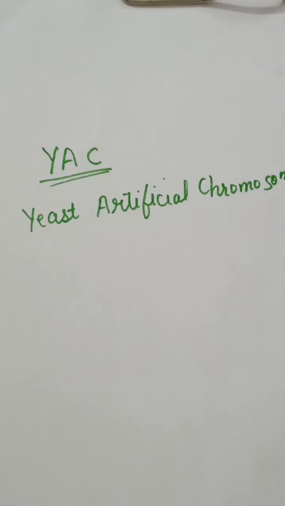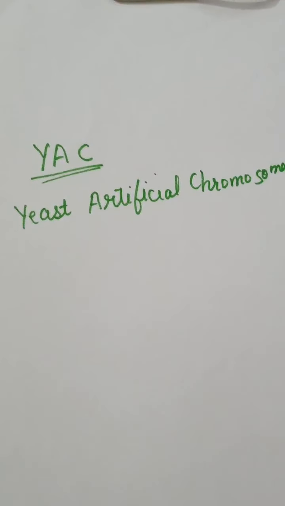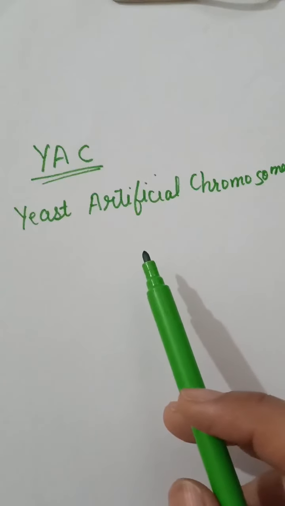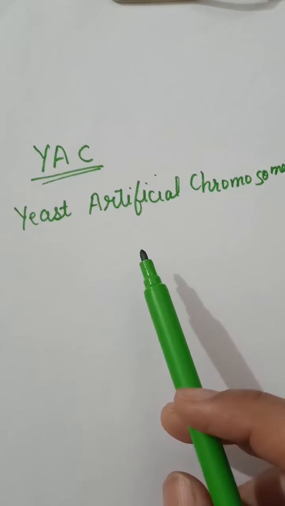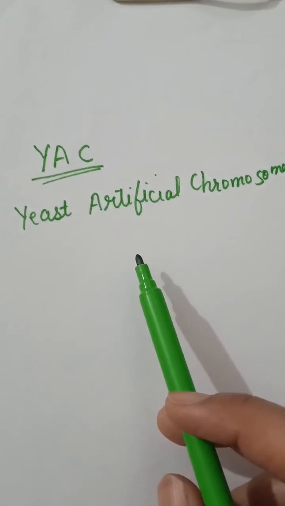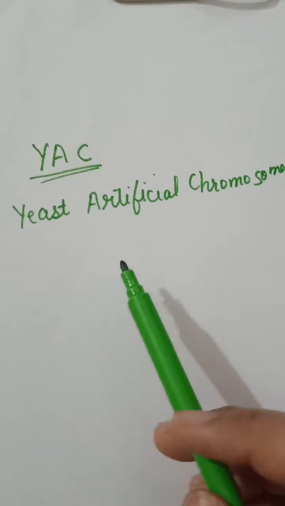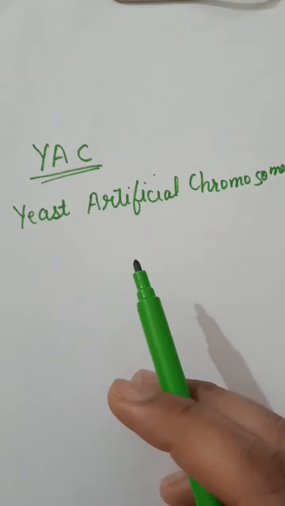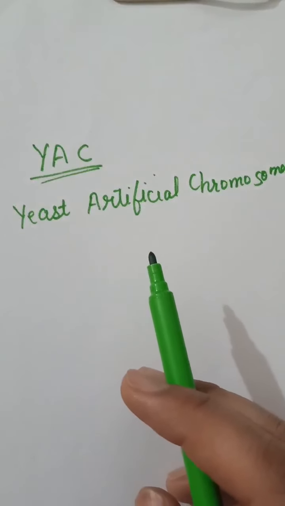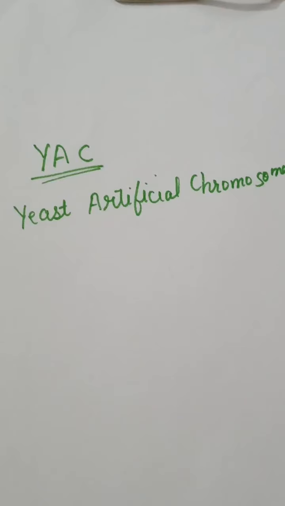So if we want to insert a large DNA sequence, then we can use these YAC vectors. These vectors were most commonly used. They have been used for physical mapping of human chromosomes in the Human Genome Project. At that particular time, these vectors were developed so that large chromosome segments can be cloned. These are high capacity vectors.